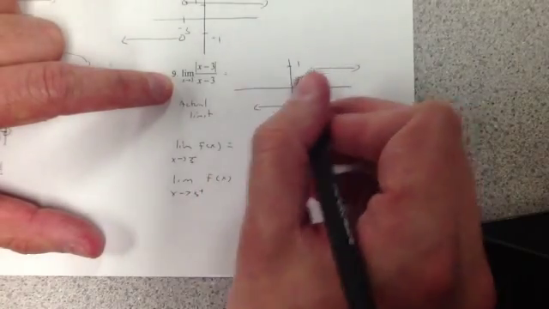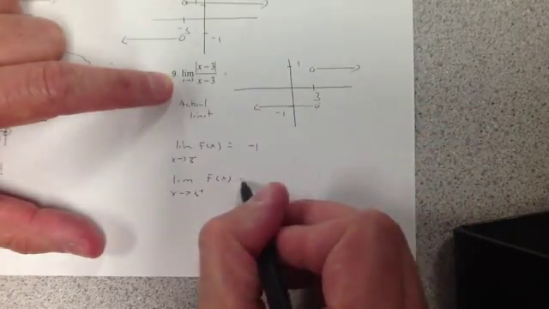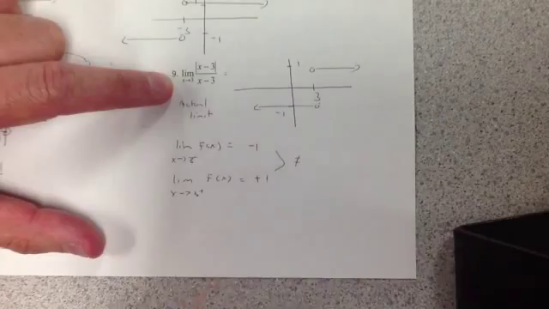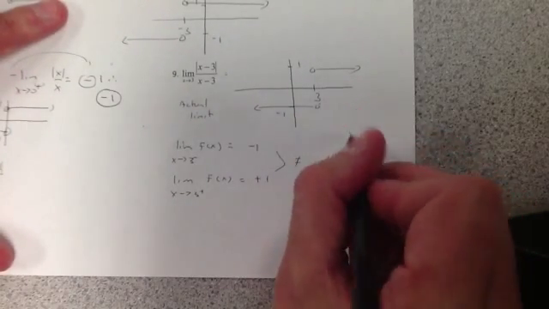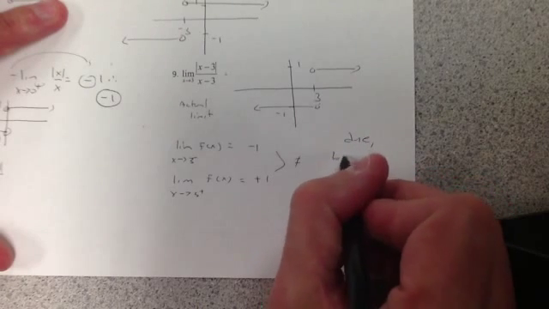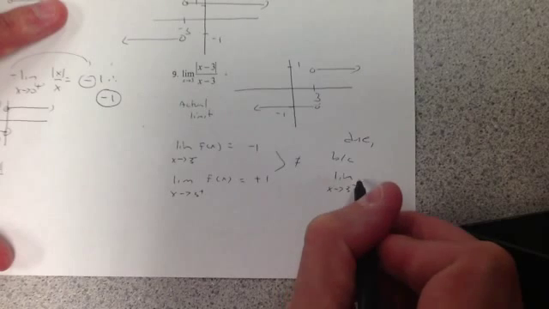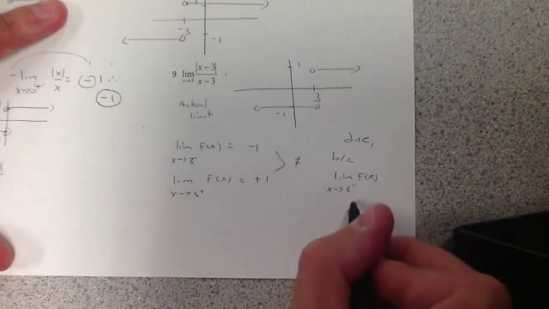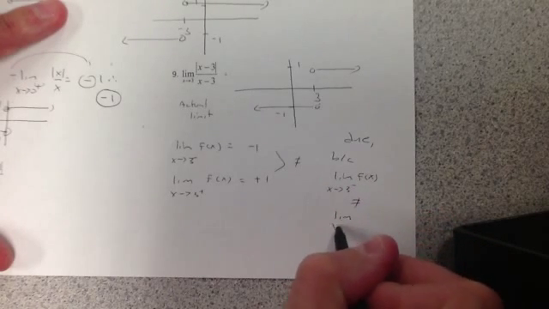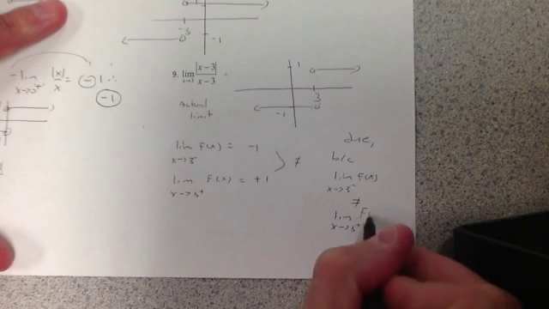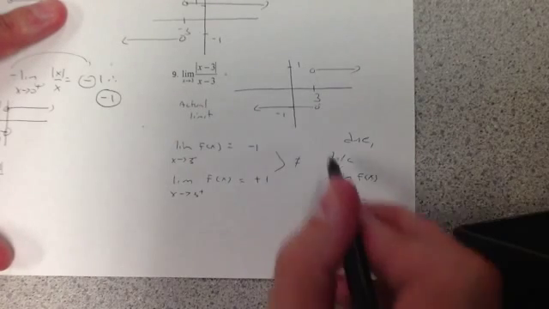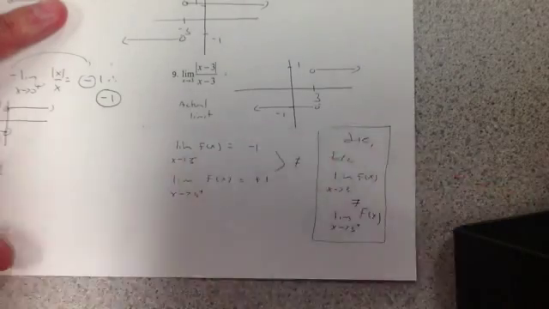From the left, we're approaching negative 1. From the right, positive 1. They're not equal. Therefore, does the limit exist? No, it does not exist, and that is because the limit as we approach 3 from the left does not equal the limit as we approach 3 from the right of our function. And there's our answer.